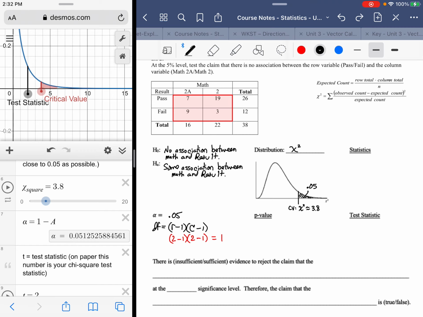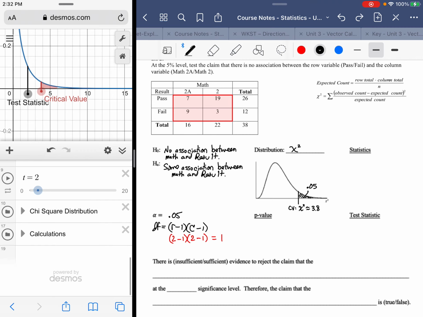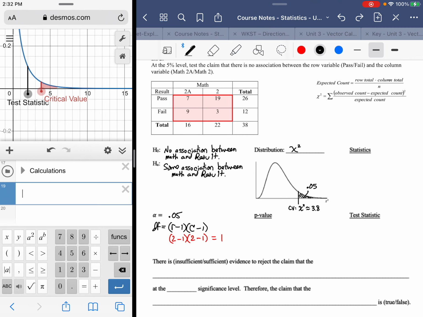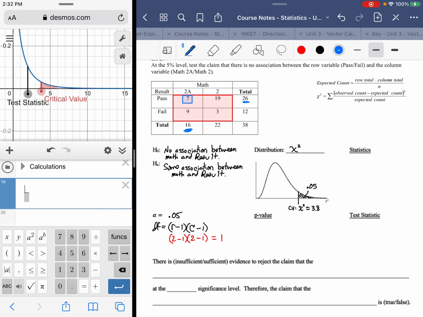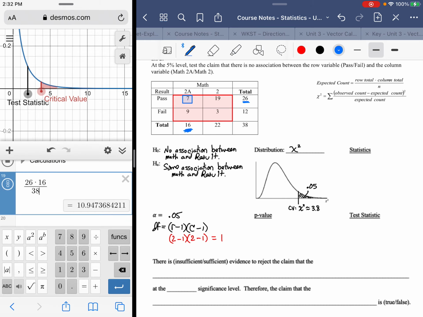by the grand total. So we're just going to crunch those numbers off on the side here. We'll go case by case. It's only 2 by 2, so there's 4 computations. Let's say we're focusing on the number 7. That corresponds with a row total of 26 and a column total of 16. So we do 26 times 16, it doesn't matter, it's commutative, over the grand total, which is 38.